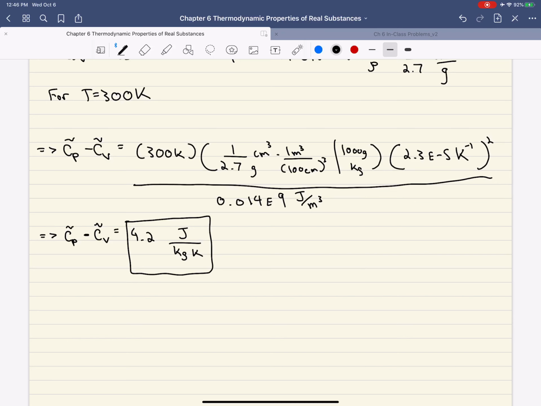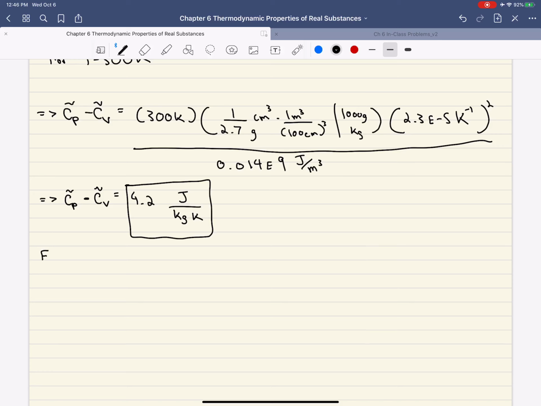But is it big or is it small? Well, to get an idea for how big or small it is, we can take a look at the constant pressure heat capacity value for aluminum at 300 Kelvin. When we do that, we see that Cp is 902 joules per kilogram Kelvin.